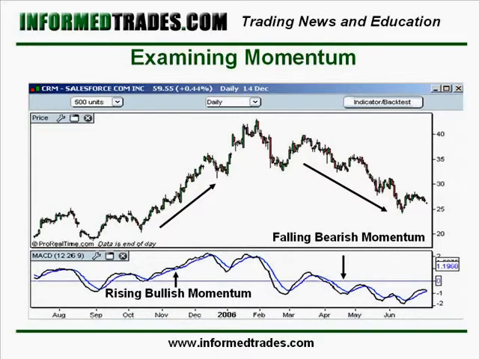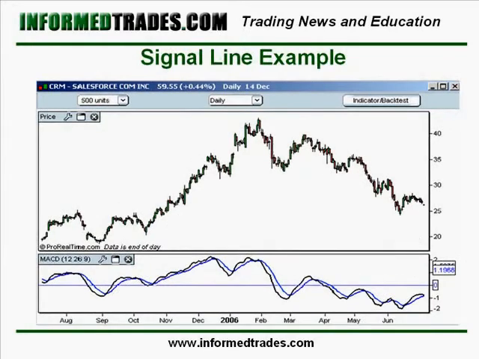Now, the purpose of the 9-period exponential moving average is to further confirm the bullish changes in momentum when the MACD crosses above the 0 line, and the bearish changes in momentum when the MACD crosses below the 0 line. So you can see here the MACD crossing above the signal line is further confirmation that there's bullish momentum in the market.